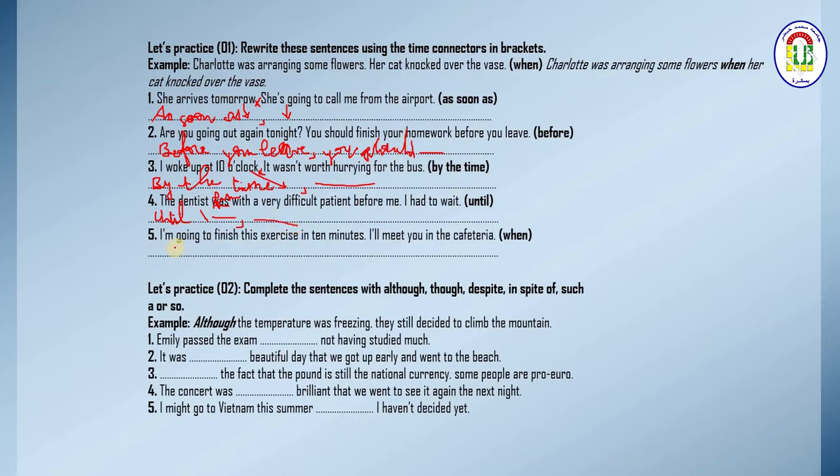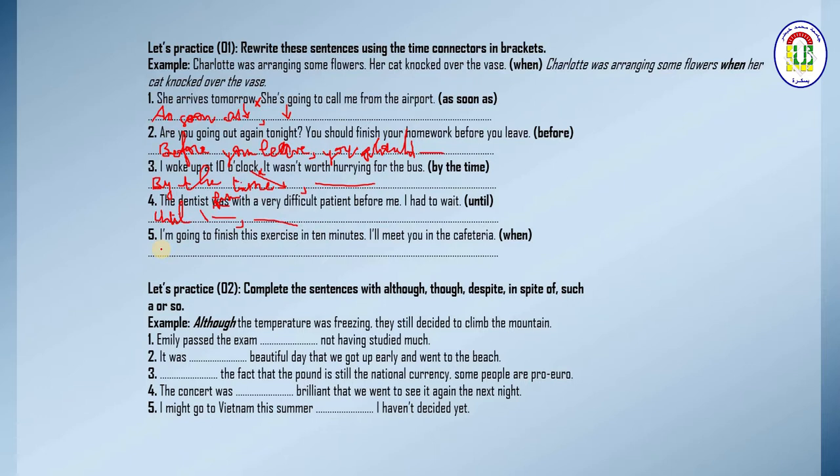"I'm going to finish this exercise in 10 minutes. I'll meet you in the cafeteria." Okay? "When," okay, I'm going to finish this exercise in 10 minutes. I'll meet you in the cafeteria. Okay?